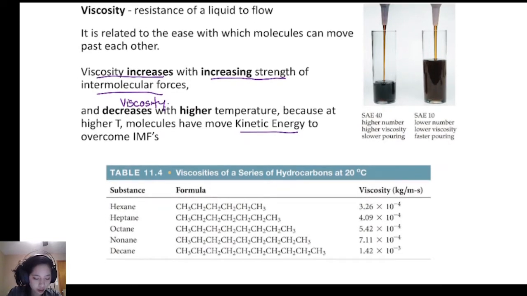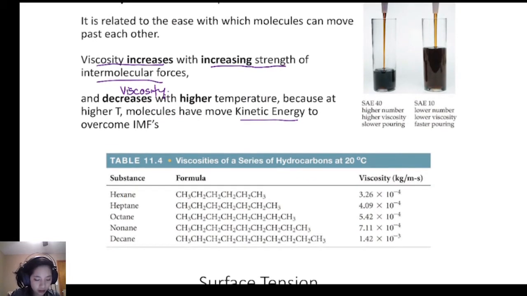All right, and so here are just some examples of a series of hydrocarbons and different viscosities. You can see it's a bunch of hydrocarbons, and essentially they get heavier as we go down. Since all of these hydrocarbons are nonpolar, only London dispersion forces are present.